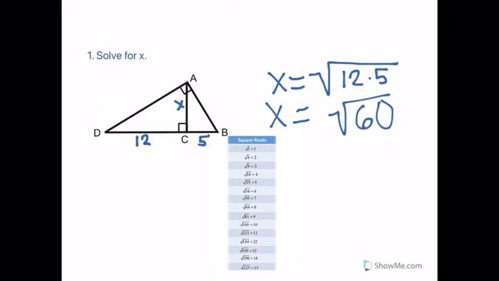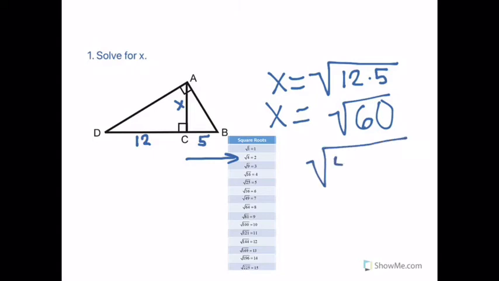What number on my square root list is a factor of 60, looking at the numbers on the left of this list? 4 is a factor of 60.